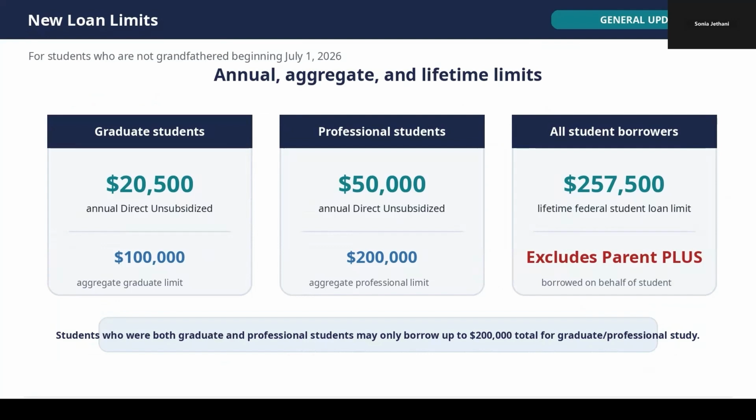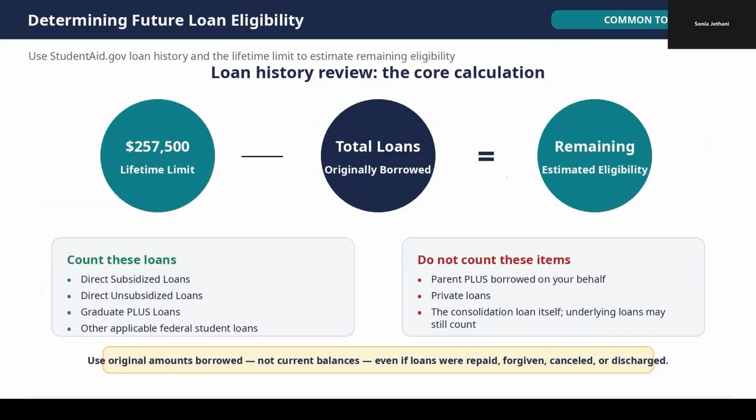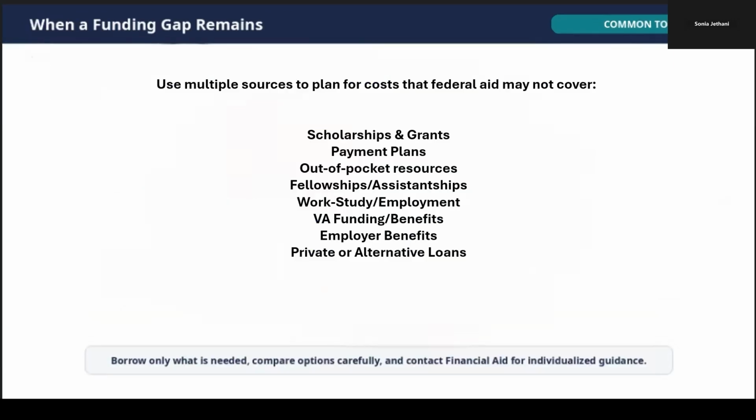Funding options. If a funding gap remains, students may need to consider additional funding options. Those options may include scholarships, institutional aid, grants, VA benefits if eligible, federal work study if available and eligible, private or alternative loans, payment plans, employer tuition assistance, fellowships, assistantships, or out-of-pocket resources.